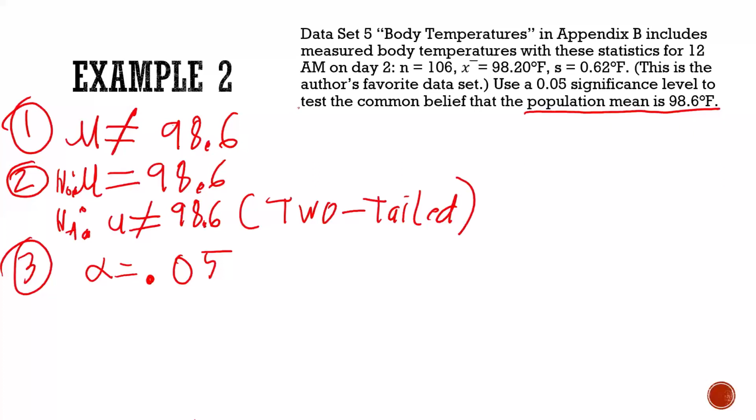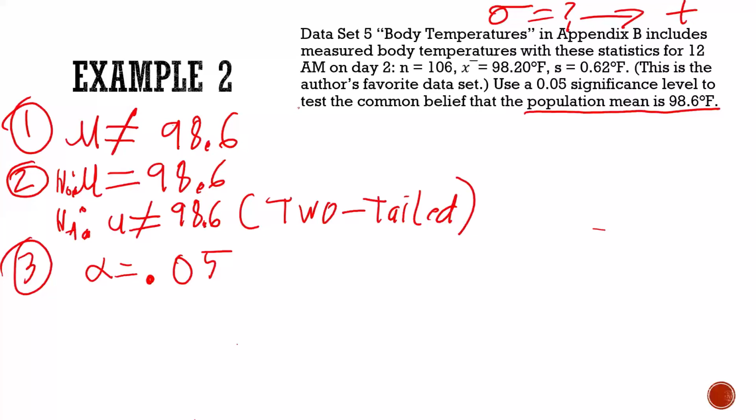The population standard deviation is not known. Hopefully I've said this enough times now that it's sinking in, all right? When you're doing a mean, almost always you use a T distribution.